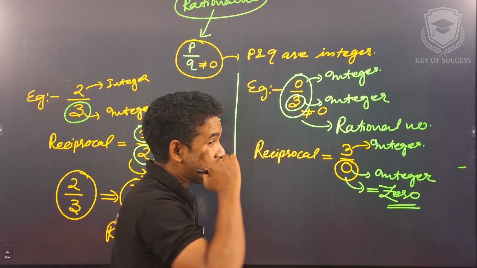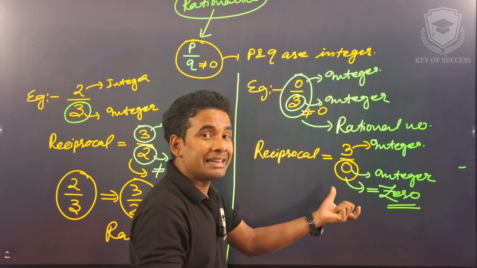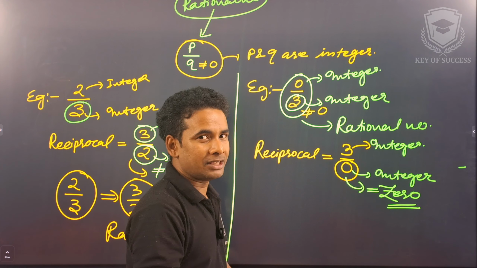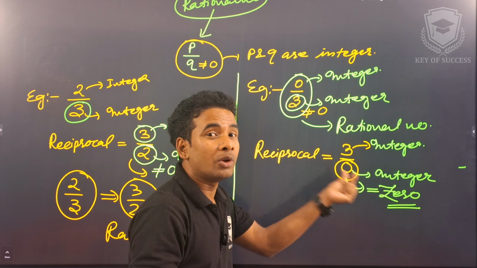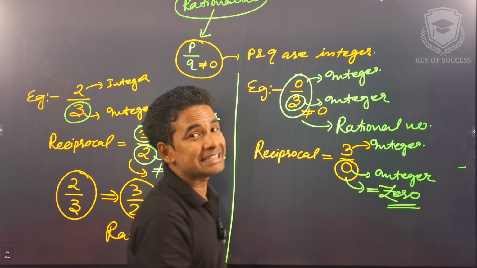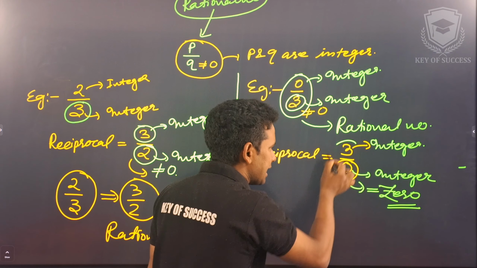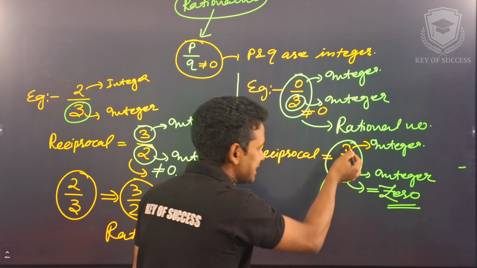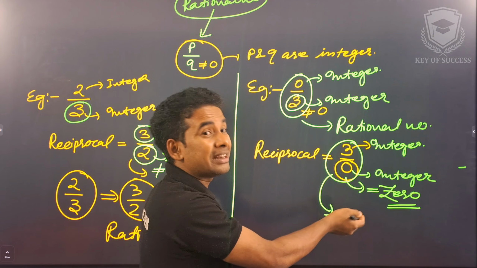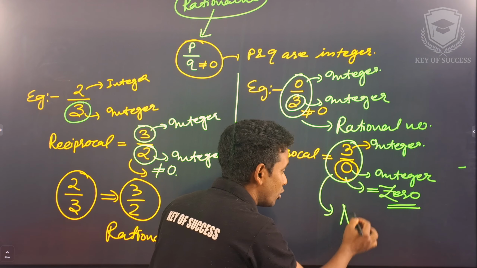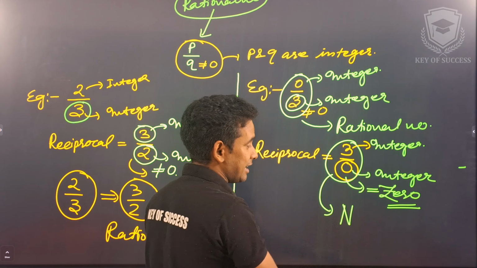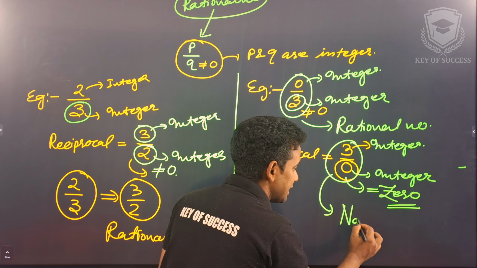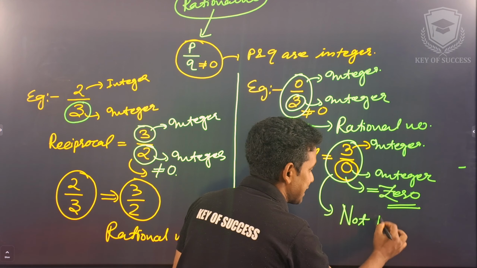And we know any number which we can write in the form of P divided by Q, where Q is not equal to 0, then only I can say it is a rational number. Here what we are seeing? We are seeing 3 divided by 0. Here the denominator is coming 0. So I cannot say it is a rational number. So I will say it is not rational.